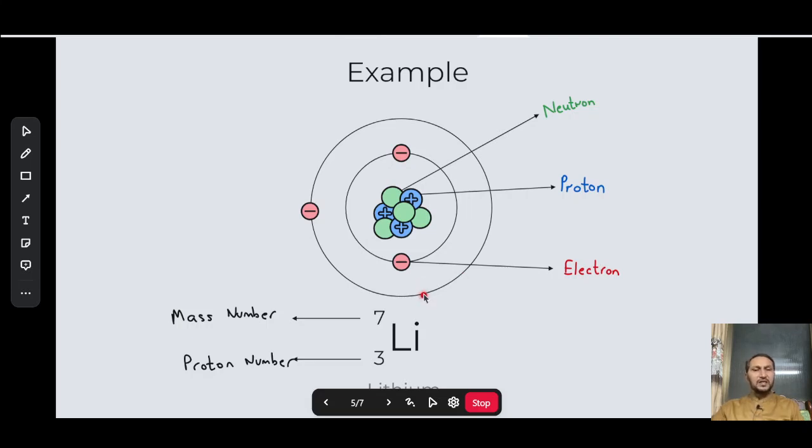In the case of lithium, there are 3 electrons. So how are these 3 electrons accommodated? The first 2 electrons are present in the first shell and the third electron will go to the next shell. So this is the basic structure of an atom. Here we are taking the example of lithium.